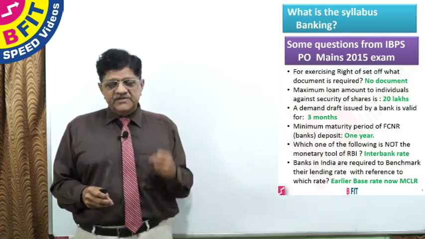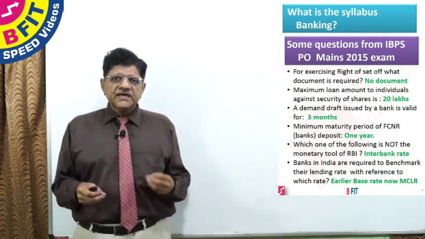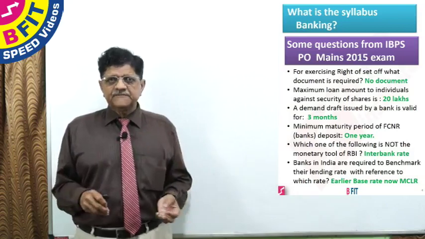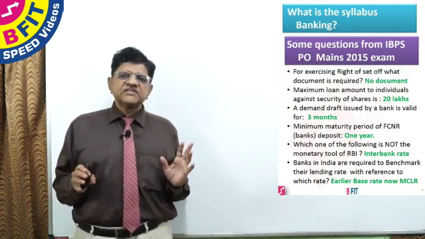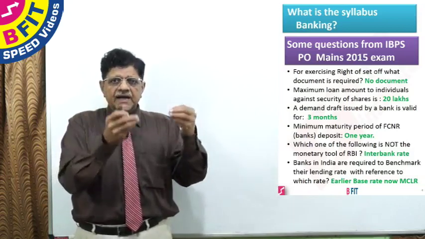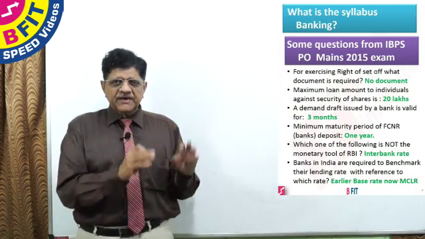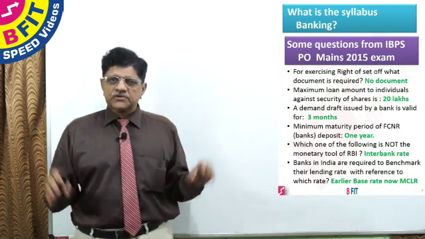Why? It is because many people with black money used to buy a demand draft and keep it with them for 6 months. At the end of it, they will open an account and deposit the money in the demand draft, or they will cancel the demand draft and deposit the money in the account, and then they will close the account.